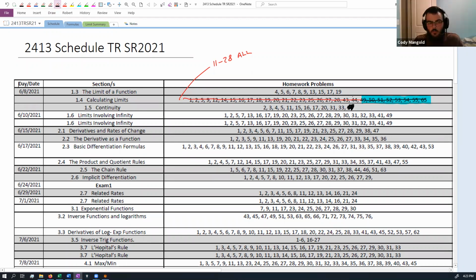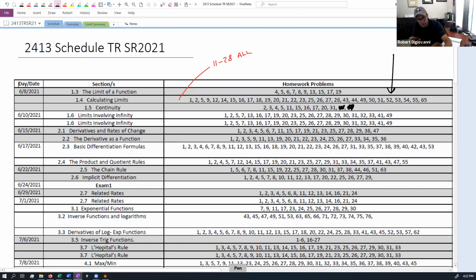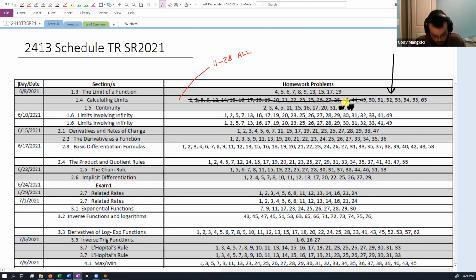We did 11 through 28 on the last one, and all I wanted you to do there is 11 through 28. But now what you can also do, on 1.4, is 49 through 56. So make sure you do this. You said 49 through what?